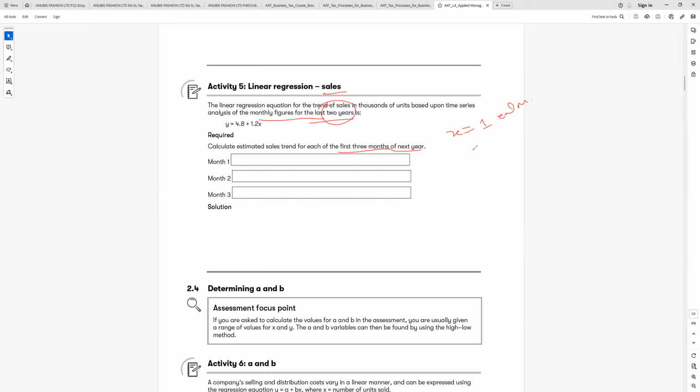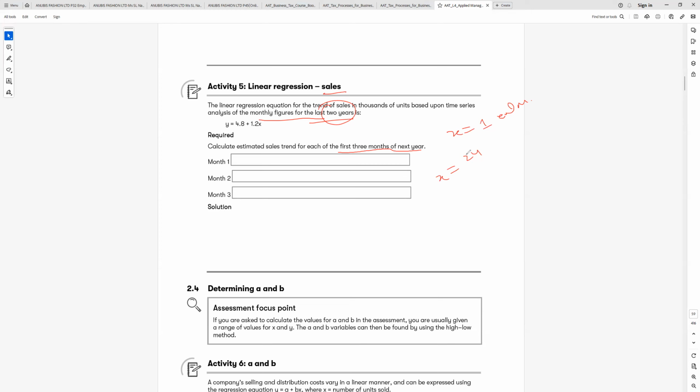That means for the 2 years, we have 24 months. All right, so x equals 24 here. So let's do that. First one, after 2 years, the first 3 months. So we need to calculate estimated sales for the first 3 months of the next year.